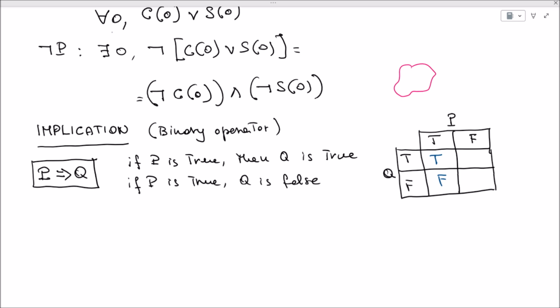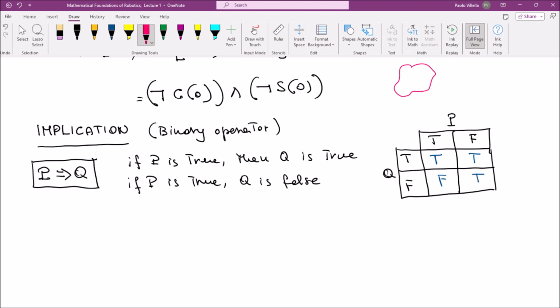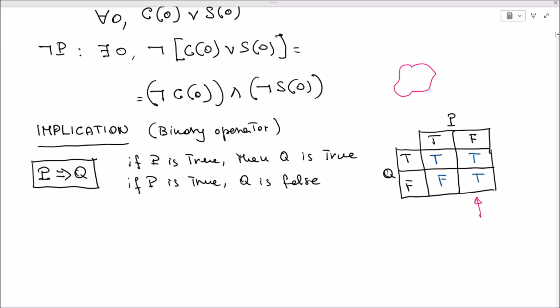If instead P turns out to be false, surprisingly, we can say that the implication is true in any case. So, in other words, this last column can be summarized in Latin, which says ex falso quodlibet, meaning that from a false assumption, which is in this case P being false, you can deduce anything.